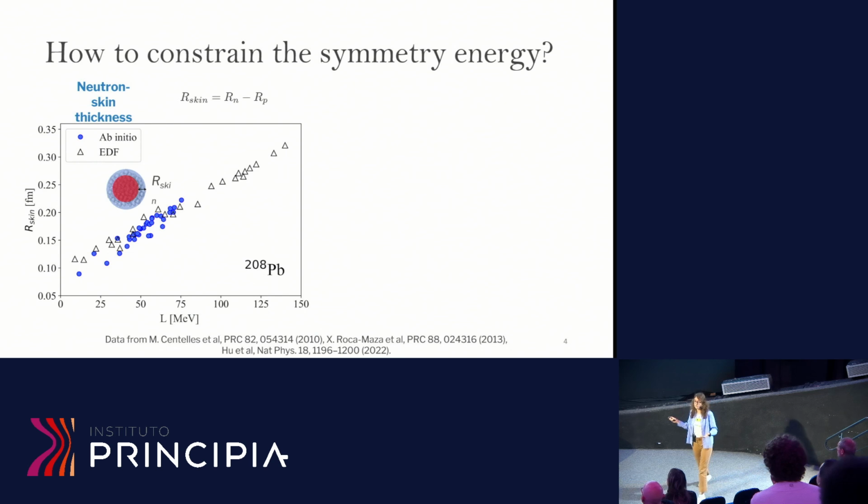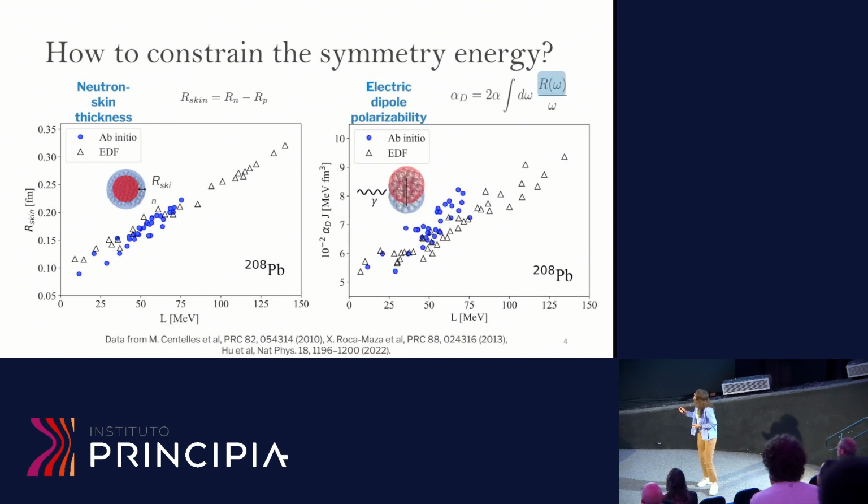But there are also other observables that we can use in order to constrain the symmetry energy. In particular, another one that I would like to focus on is the electric dipole polarizability. The electric dipole polarizability measures the tendency of the nucleus to deform in an electromagnetic field. You see here a picture very similar to the one of the neutron skin, which connects the product between the polarizability and the symmetry energy at saturation density with the slope parameter for these two theoretical approaches.